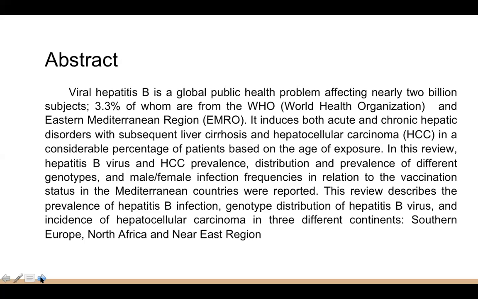This review describes the prevalence of hepatitis B infection, genotype distribution of hepatitis B virus, and incidence of hepatocellular carcinoma in 3 different regions: Southern Europe, North Africa, and the Near East region.